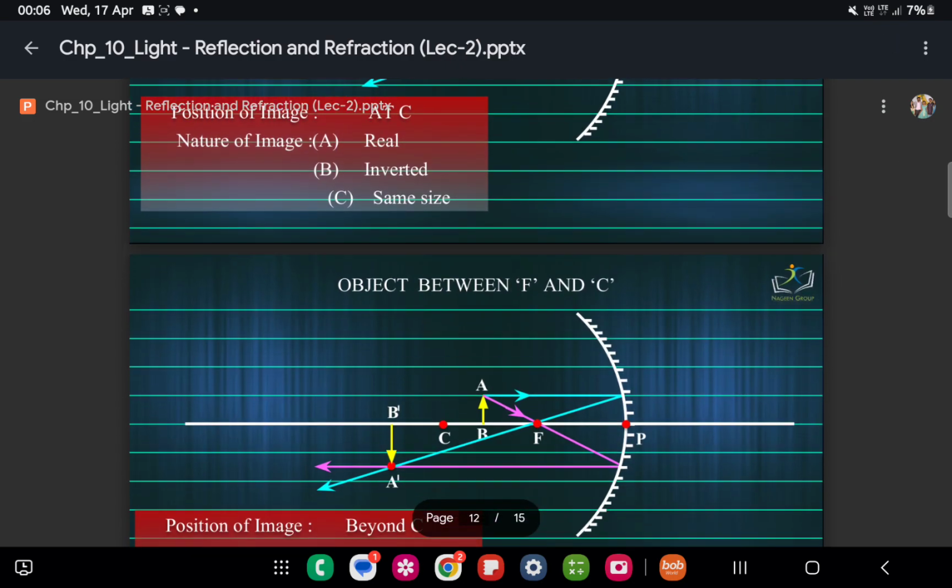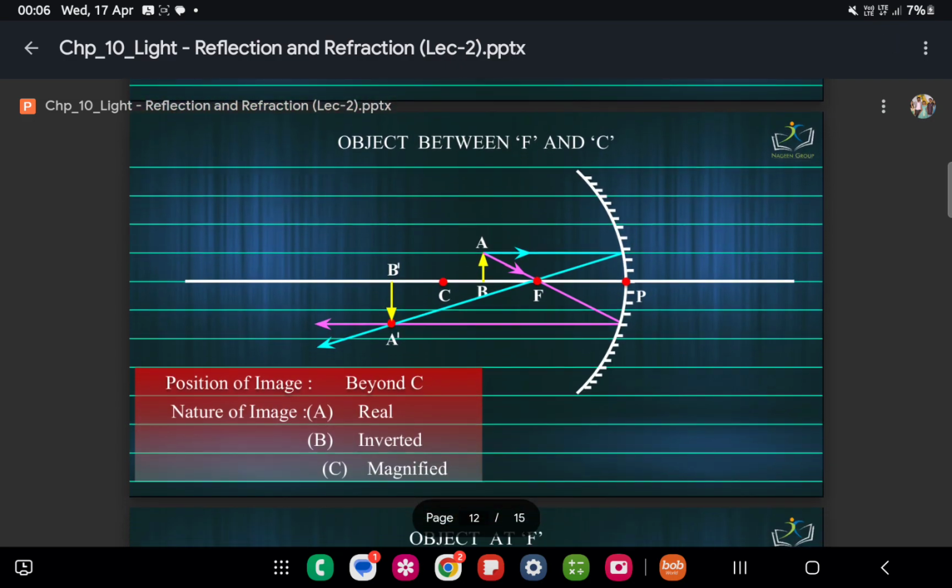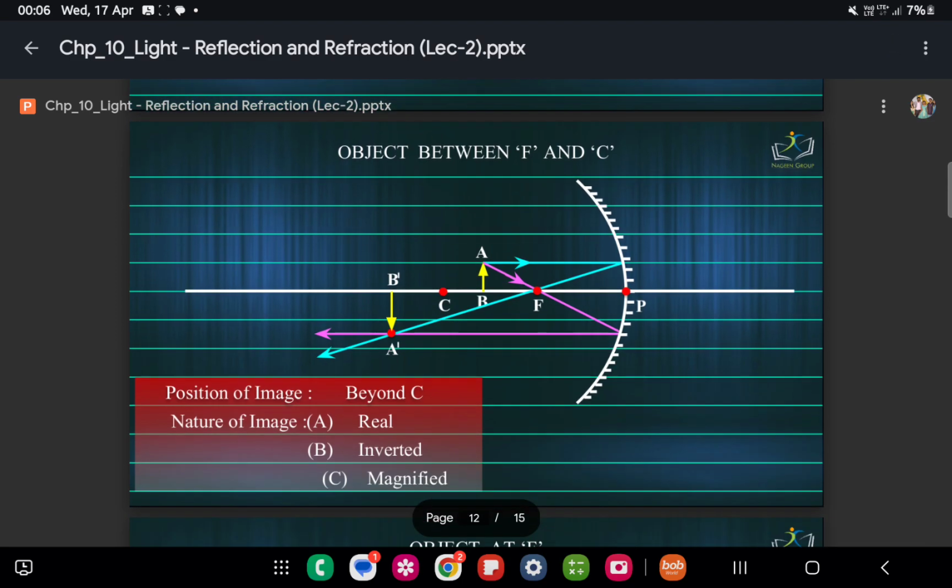Next we are moving towards the object between F and C. Here the object is kept between the center of curvature and F. So the ray will reflect back through the focus, and the ray of light will also reflect from the focus.